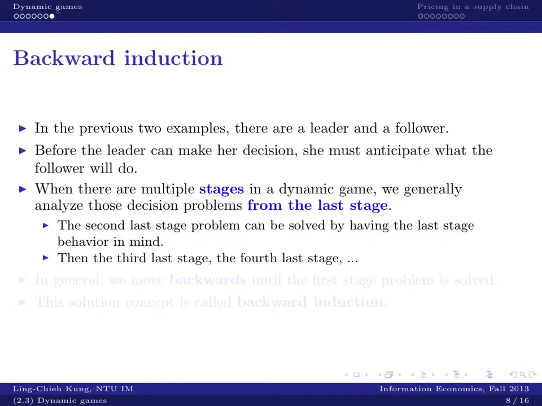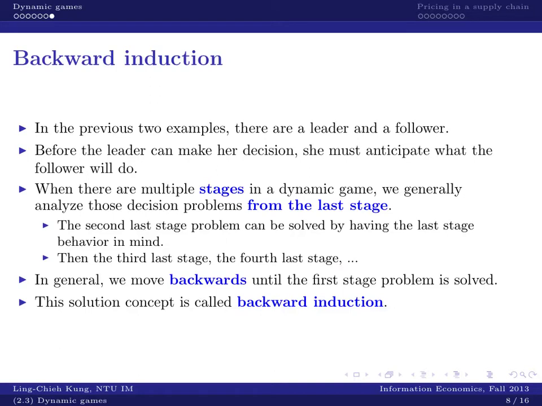If there are more stages, we then move to the third last stage, the fourth last stage, moving backwards until the first stage problem is solved. This solution concept, in which we do things backwards in a dynamic game, is called backward induction. This will be the main solution concept we need to use when we have a dynamic game.